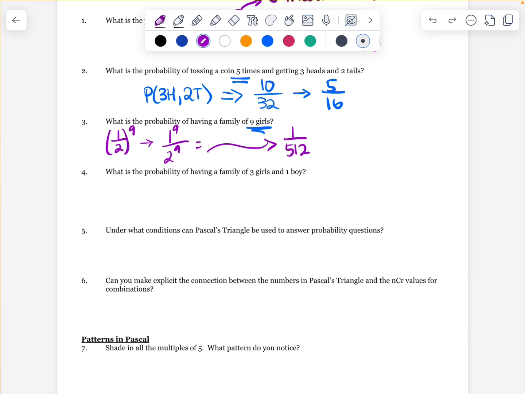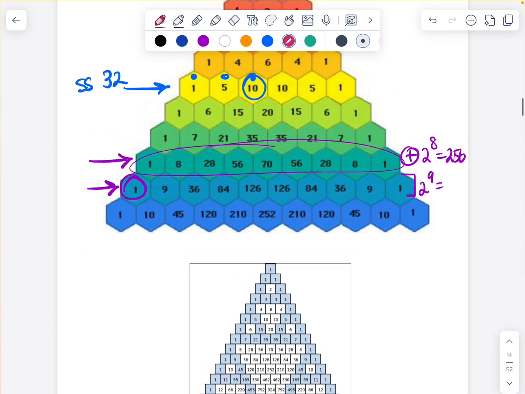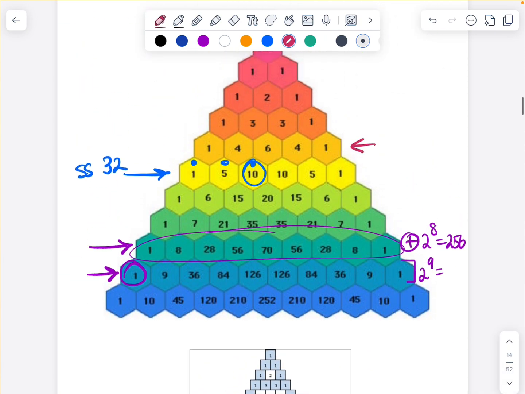Okay, like this situation. The probability of having a family of 3 girls and 1 boy. So our size is 4 for our whole family. So that means we want to look in row 4. Okay? So probability of 3 girls, 1 boy. All right? So row 4. Let's go to row 4. This guy right here.